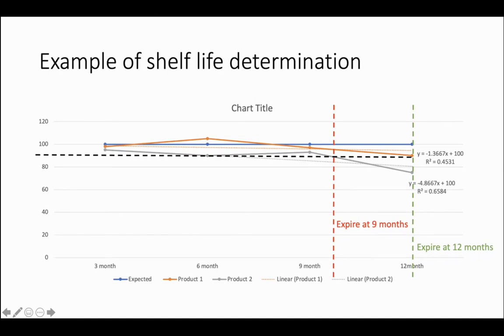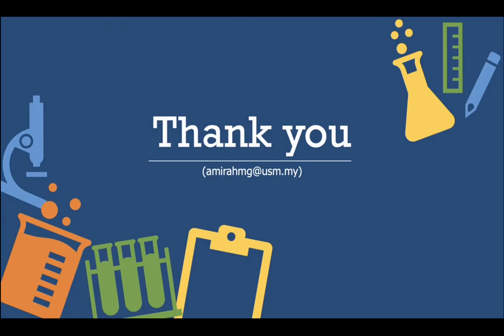As an example, if you want to know the significance of difference between the drug concentration at 12 months for product 2 as compared to 9 months, you can conduct a paired t-test. So that would be all for stability of formulation.